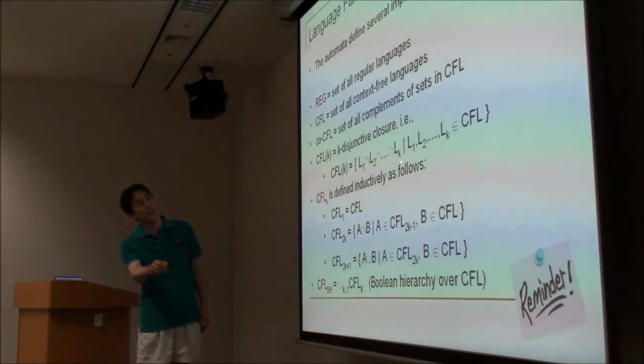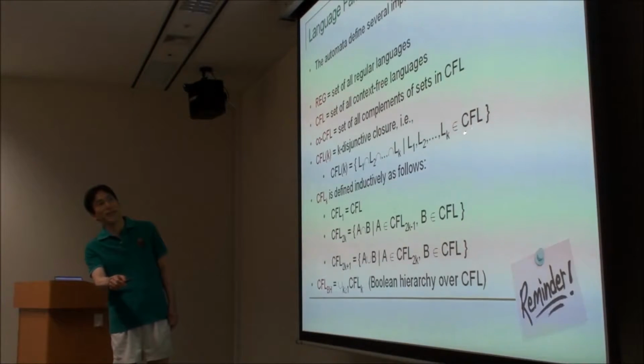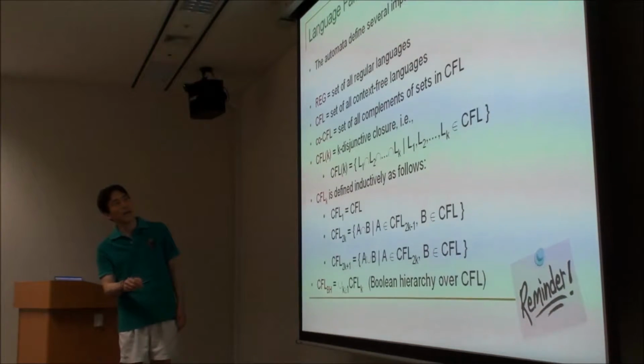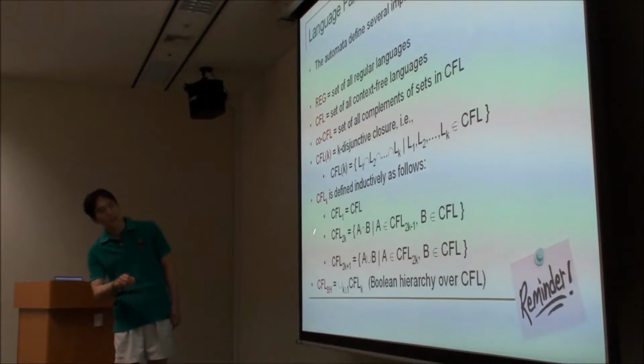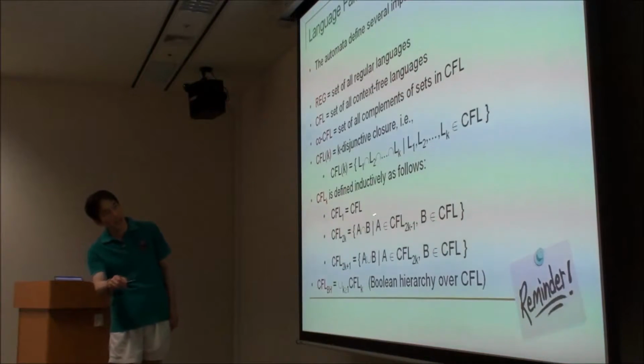That means just take K context-free languages and then take the intersection of all of them. That's CFL of K. And CFL sub K forms a Boolean hierarchy over CFL, defined in this way using intersection and union at the even level and odd level.